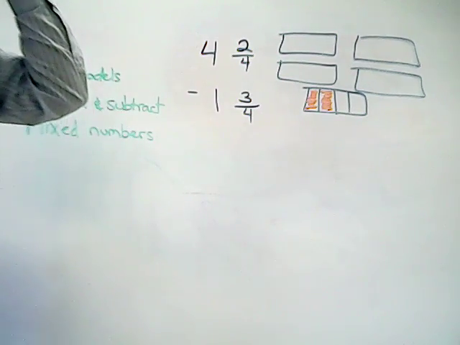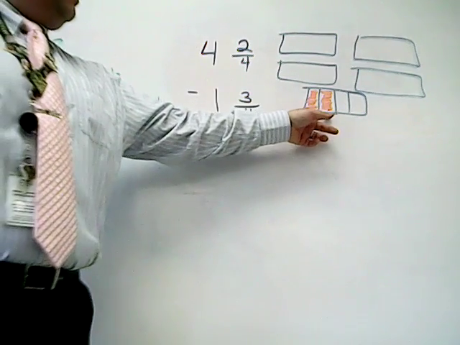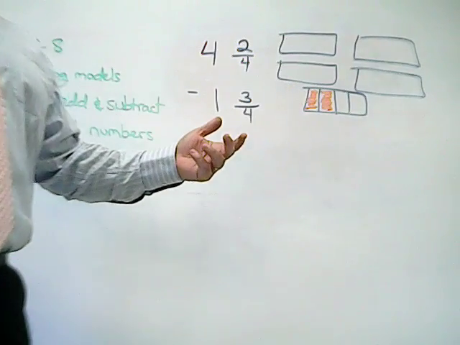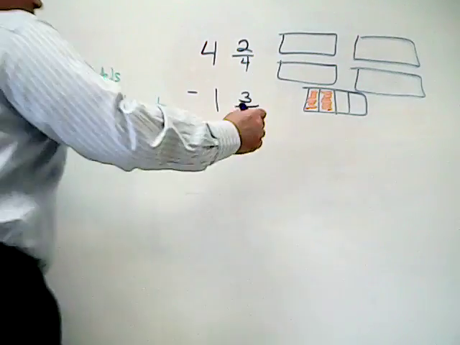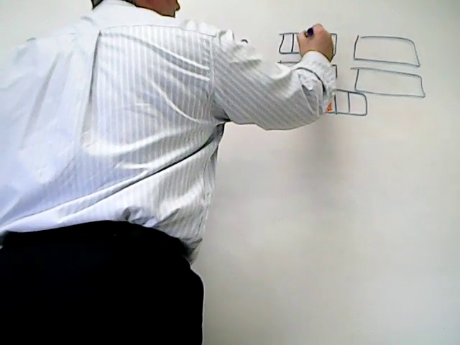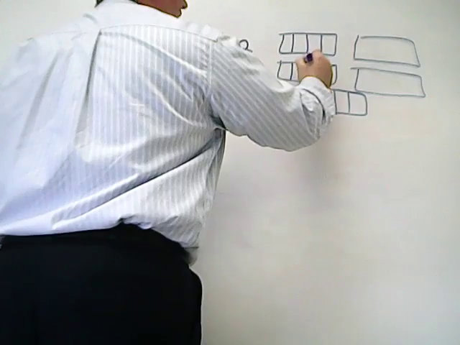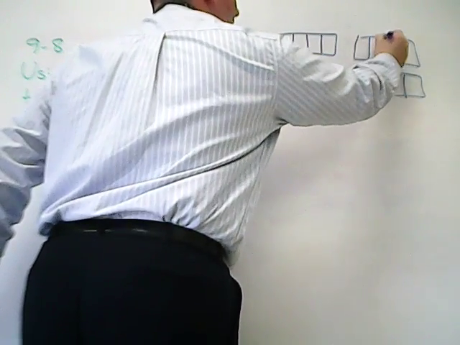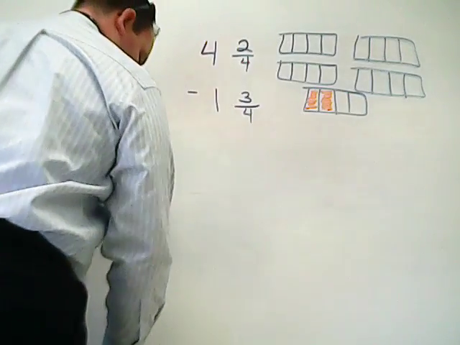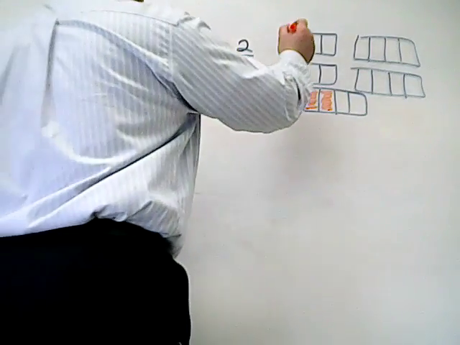So how am I going to do that if I only have 2/4 here? Well, don't forget, all of these wholes are technically broken into 4 equal pieces. And they're all shaded in orange.